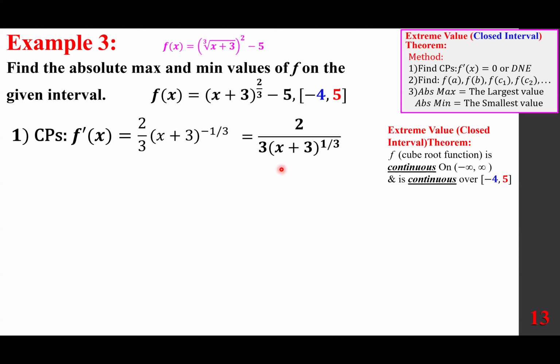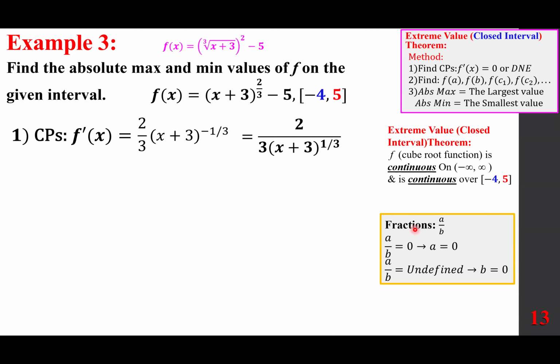Now you have a fractional format. And I'm going to remind you, a fraction a over b is 0 when a is 0. So a fraction is 0 when the numerator is 0. A fraction a over b is undefined if b is 0. So in short, you have a fraction. It's equal to 0 if the top is 0. It's undefined if the bottom is 0.